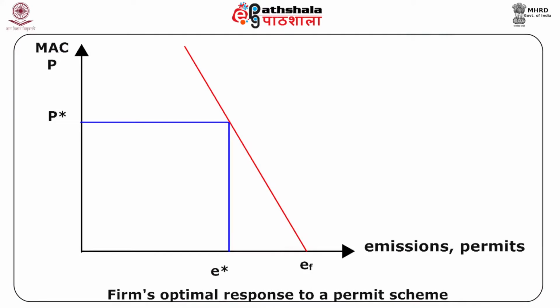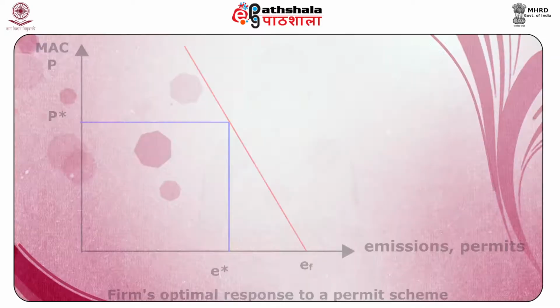The intuition behind the least cost property of TPP will become clear if we realize that say firm 1 equates the permit price with its MAC schedule, so that for firm 1 we get MAC1 is equal to P star.